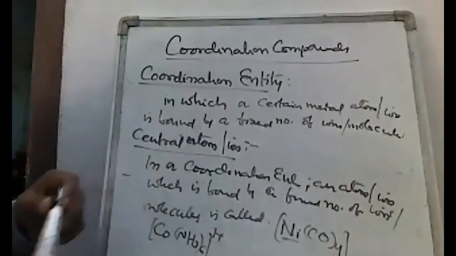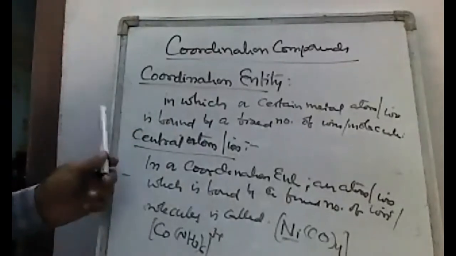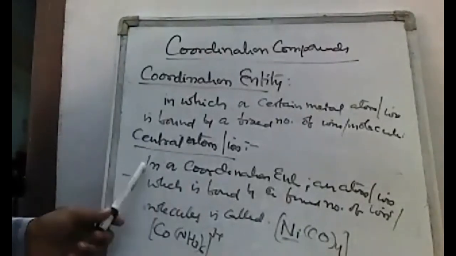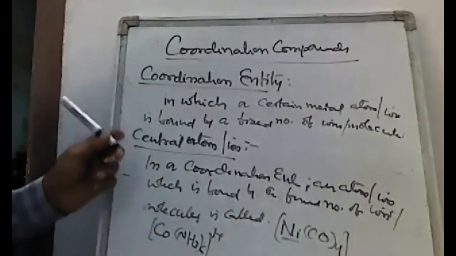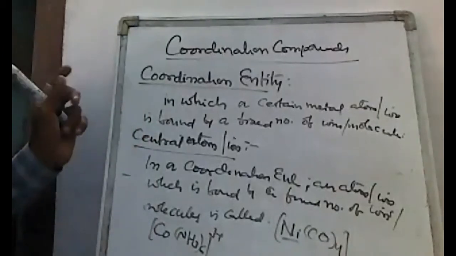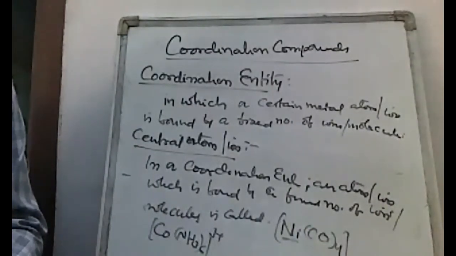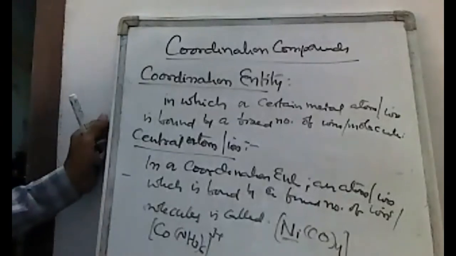This we call the central atom or ion: the atom or ion to which a fixed number of ions or groups are bound in a definite geometrical arrangement.